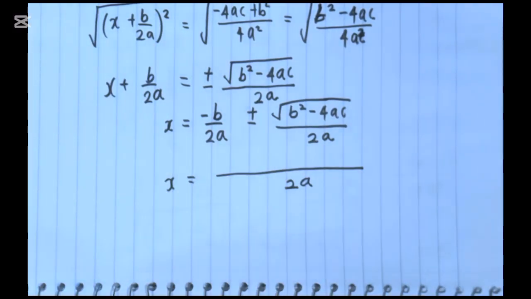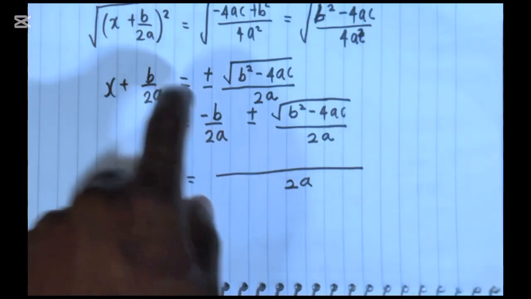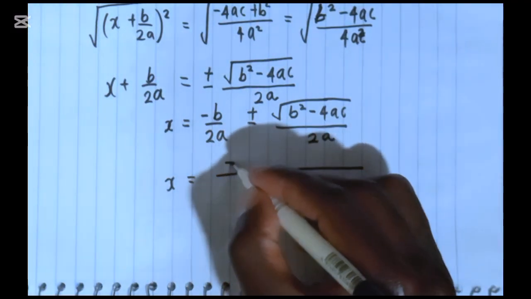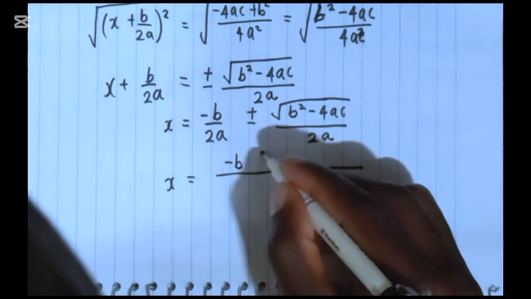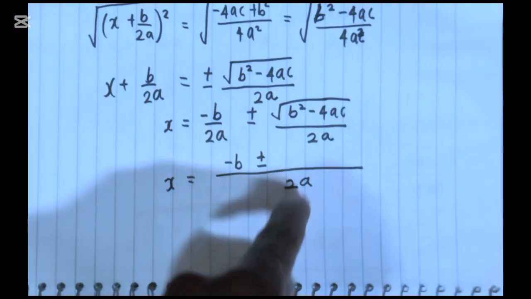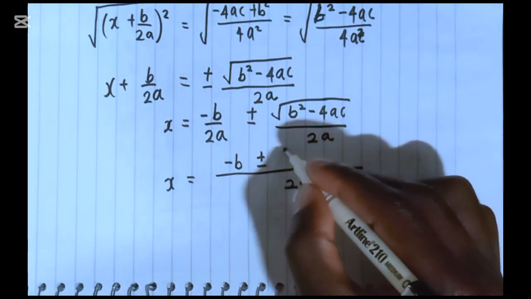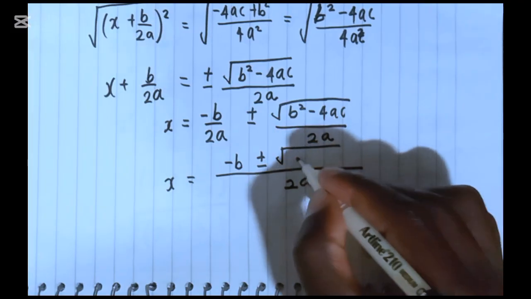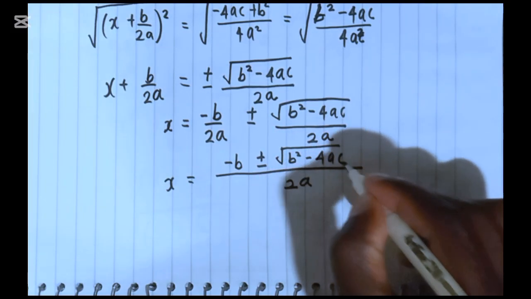We have 2a dividing by 2a giving us 1 times negative b, so it's going to be negative b, plus or minus, 2a divided by 2a, just 2a, and multiplied by the discriminant here, we are going to have it the same way, b squared minus 4ac.